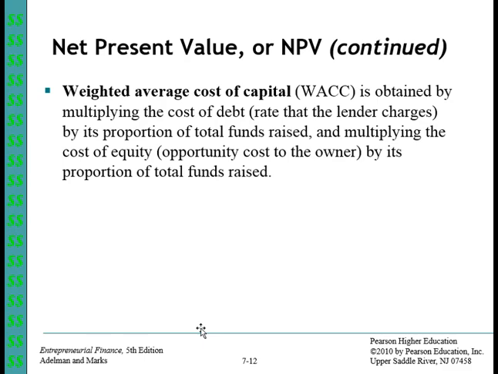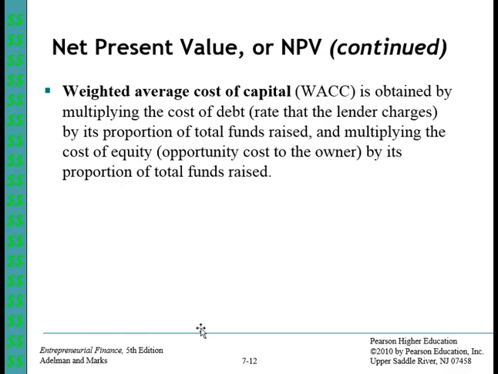The weighted average cost of capital of a company is obtained by finding the cost of debt. What does it cost to borrow money? We then also need to find out what is the cost of equity. What is the opportunity cost to the owner for giving us their money to invest?